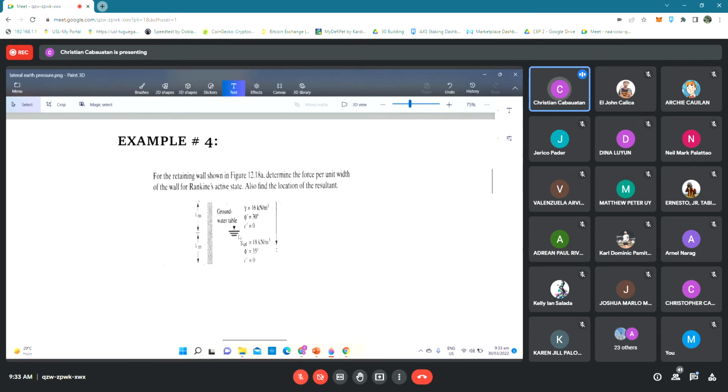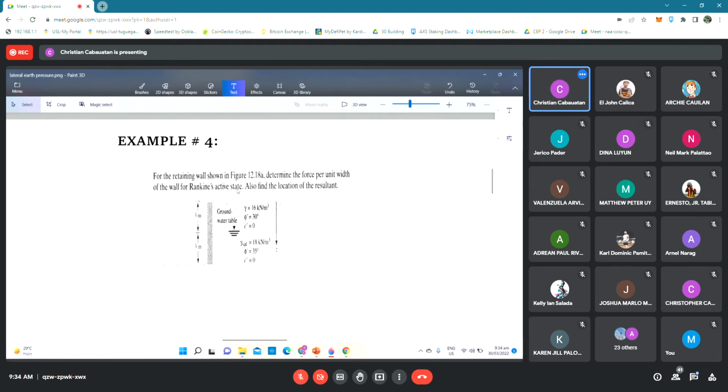Therefore, it is a gamma saturated with a value of 18 kilonewton per cubic meter. And your internal friction is different from the first layer, which is 35, no? And there is no cohesion, or the soil is cohesionless, both first layer and second layer. Okay, so the question is asking for the force per unit width if it is in active state. And also we find the location of your resultant.